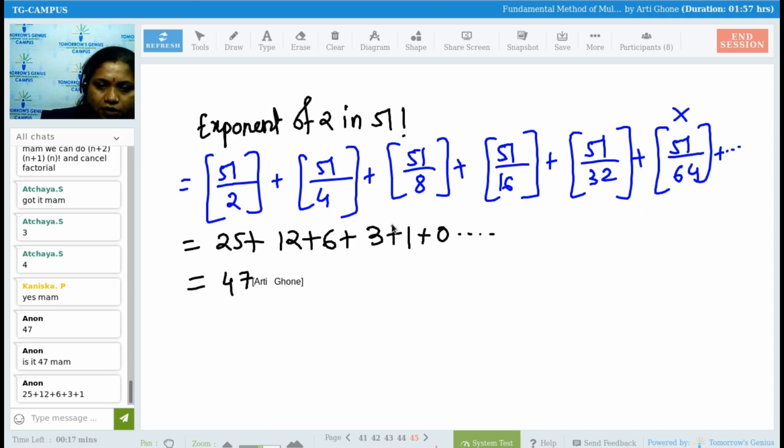Yes, 47 is the correct answer. So the exponent of 2 in 51 factorial is 47. Clear? Okay, understood?